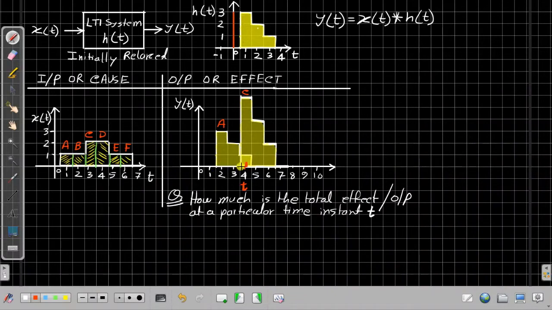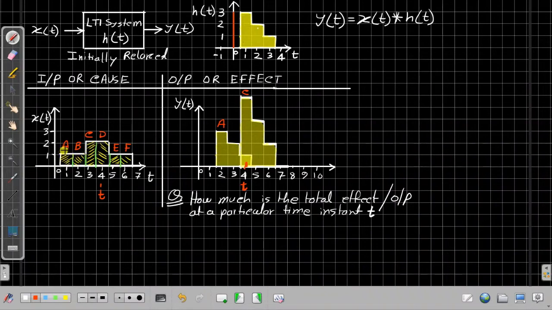Note that this point of time will be affected by slice A, slice B, slice C.